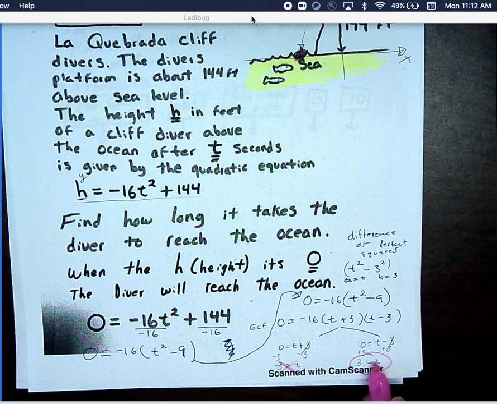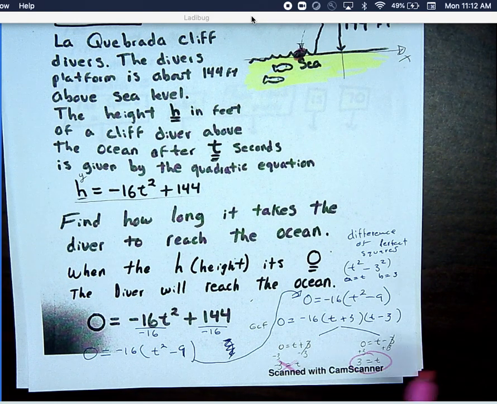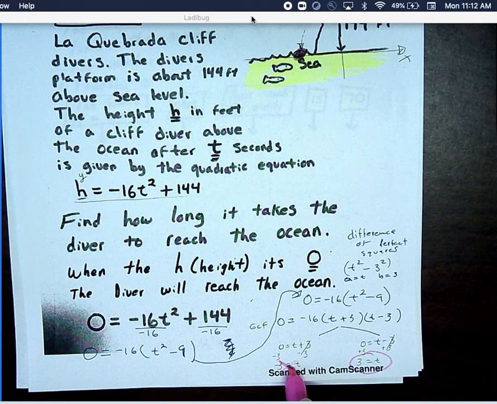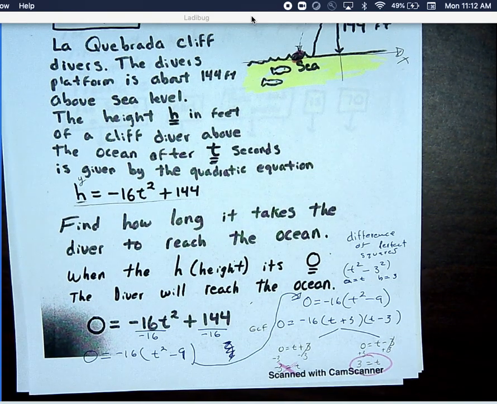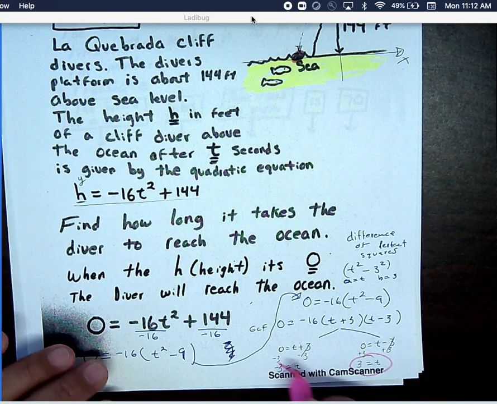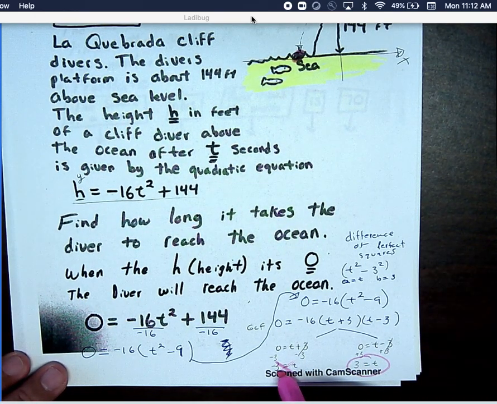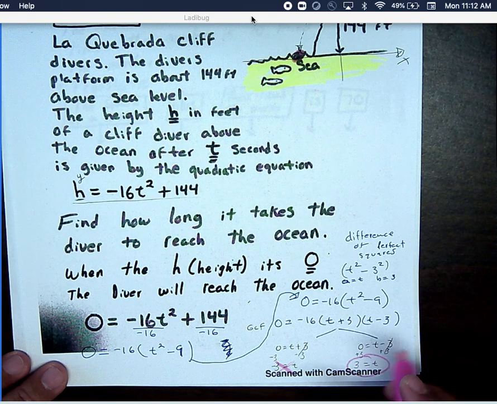This is where you have to analyze it. There are going to be a couple of these questions where the negative answer might not make sense. Not all the time, sometimes it does, but you need to think about it. Time, he's diving, so can we have negative time? No. So that means this would be the answer.